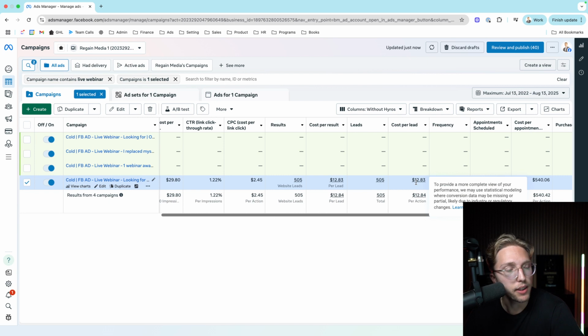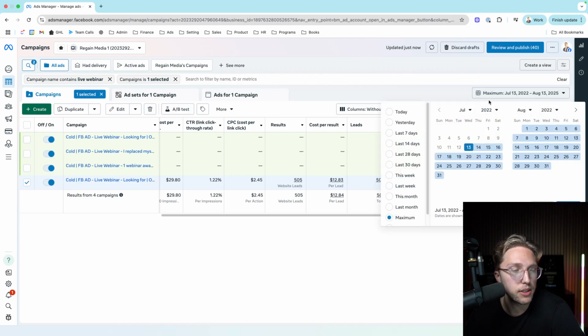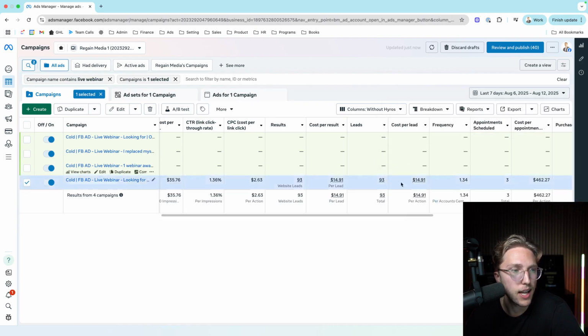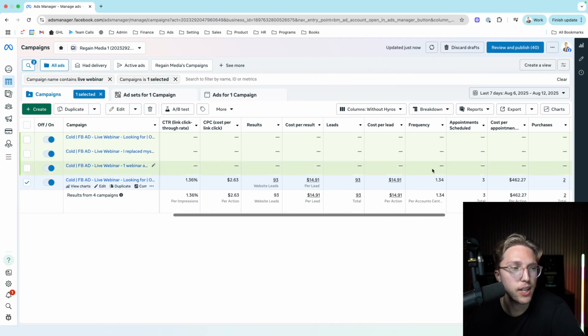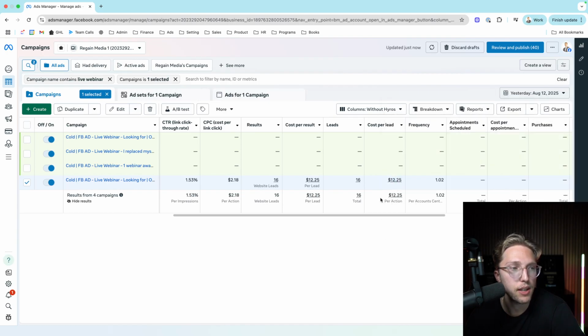Okay. This one I'll leave on because lifetime it's like 1283, so overall not that crazy high. In the last 7 days it was a little bit higher, but in the last 4 days it is getting lower, and especially yesterday it was really close to what we wanted.